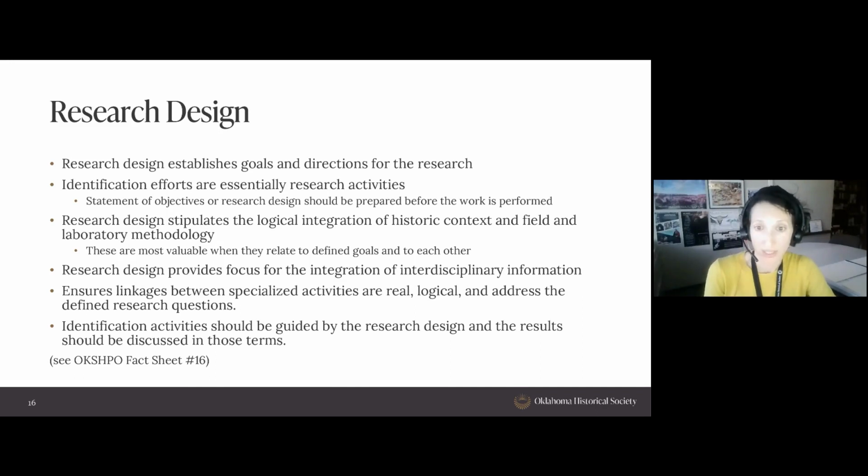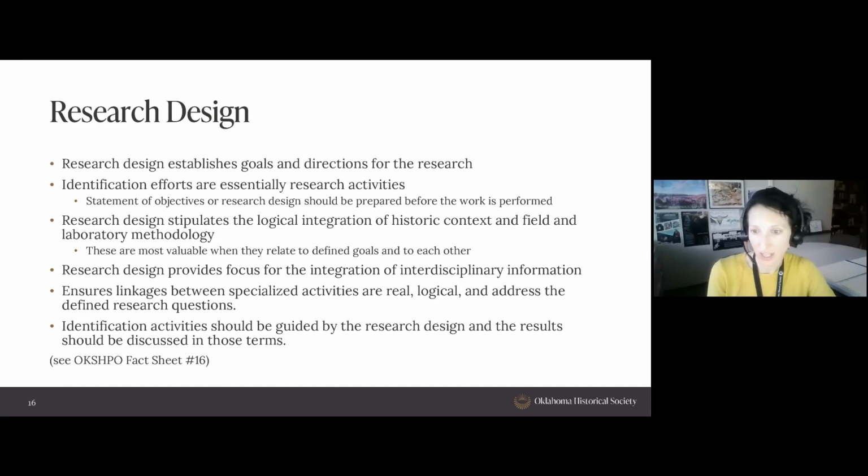And ensure that linkages between specialized activities are real, logical, and address the defined research questions. Everything you're doing is to address the research questions, address the objectives of the identification standard. You're looking to make sure that the work you're doing matters in a way that makes sense and then can be confirmed.